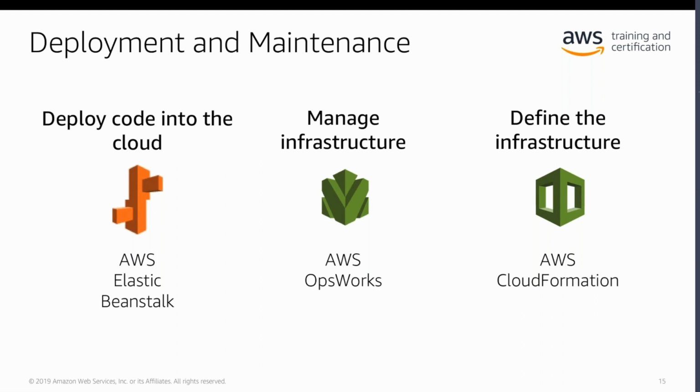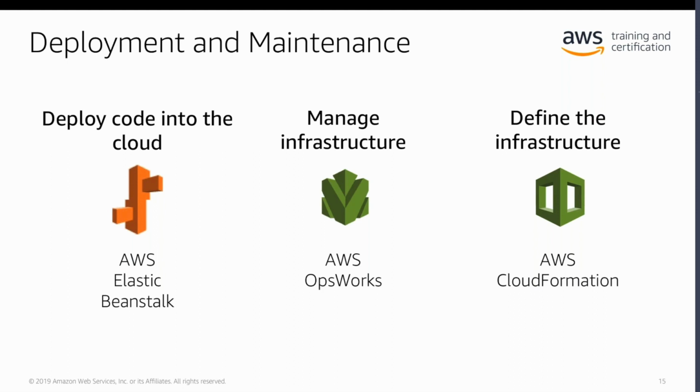So maybe you take your PHP app or your Ruby app, package that up, and Beanstalk can then create the underlying infrastructure for you to run that code in the cloud without requiring the developer to know a lot about cloud-based infrastructure. They can just write the code, give it to Beanstalk, and say, hey, I need something to run this, and Beanstalk can take it from there.